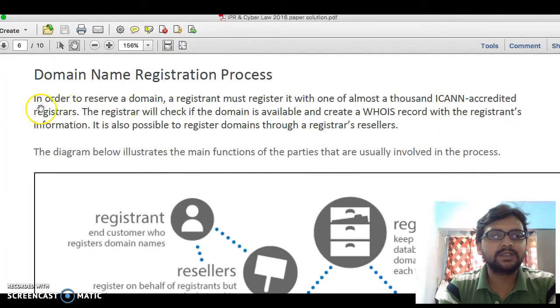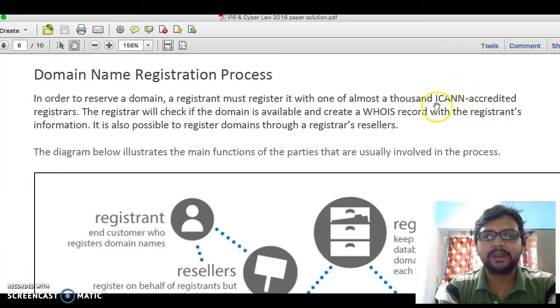Now let's just discuss the domain registration process. ICANN is responsible, but it is an international organization, so it is not possible for ICANN to look after allotment of domain names to each and every individual. So it gives permission at country level; it transfers some of its power to countries.